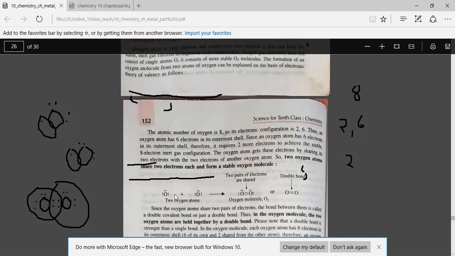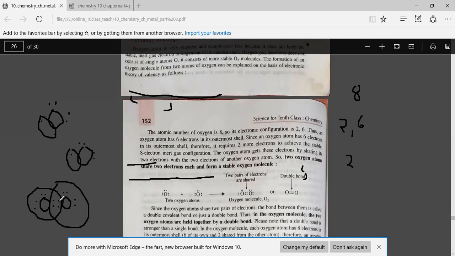So the reaction is this. These are two oxygen atoms, and they are combining and sharing a pair of electrons.